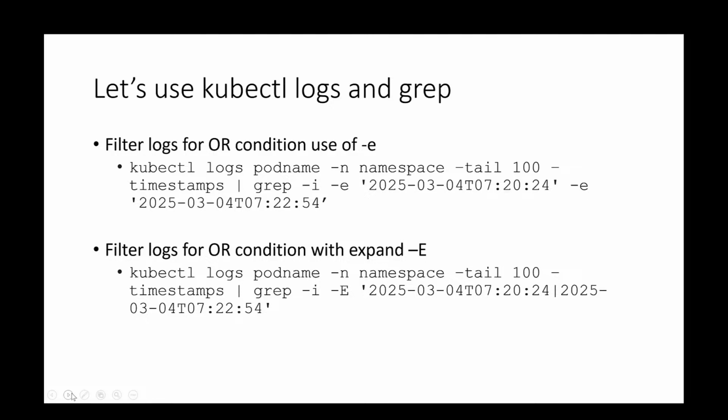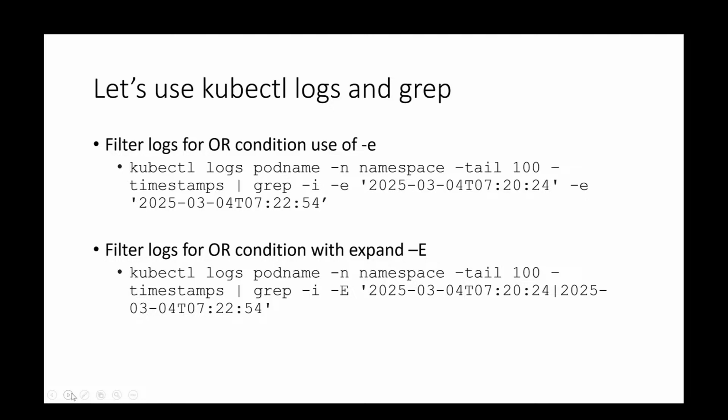Now we can actually filter the logs for OR conditions. So we can look for more detailed information in OR conditions. We can say, okay, if it is this time or if it is another time, just give me the logs for those two time slots. Or maybe I can specify more conditions, like if there's an error or if there is an exception, just give me the logs.